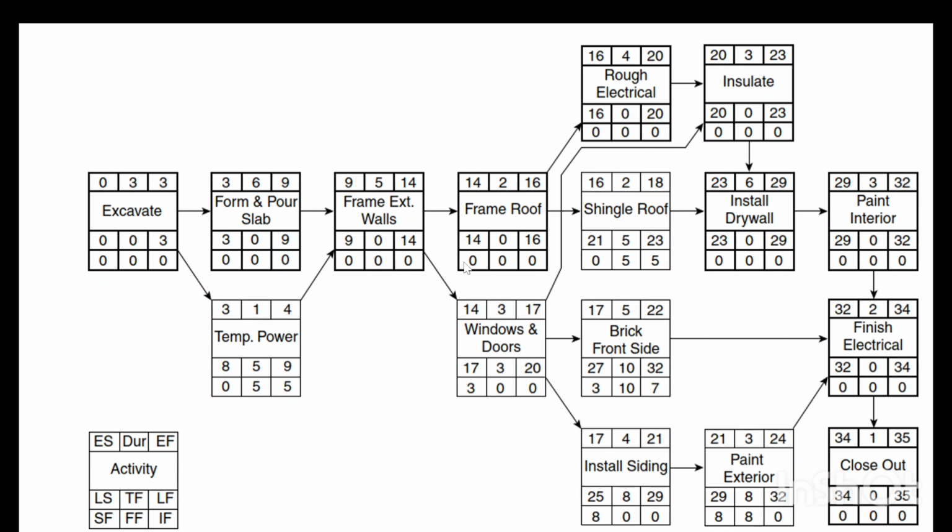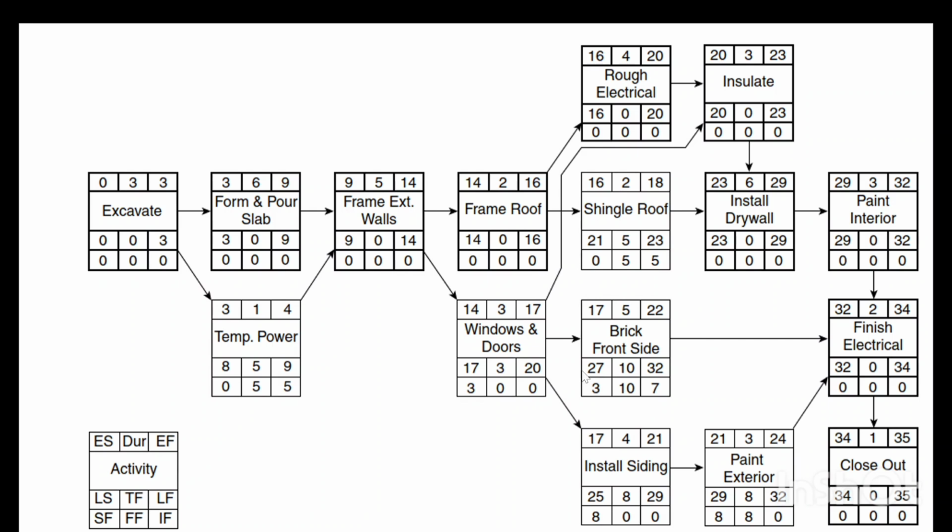So we have only one predecessor. We take the latest finish date, which is 20. So we have 20 and 27, and if you look at them together, you can see there are 7 days.